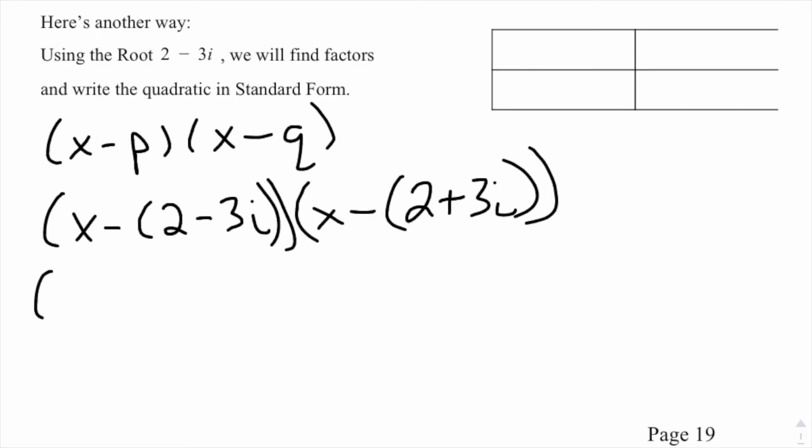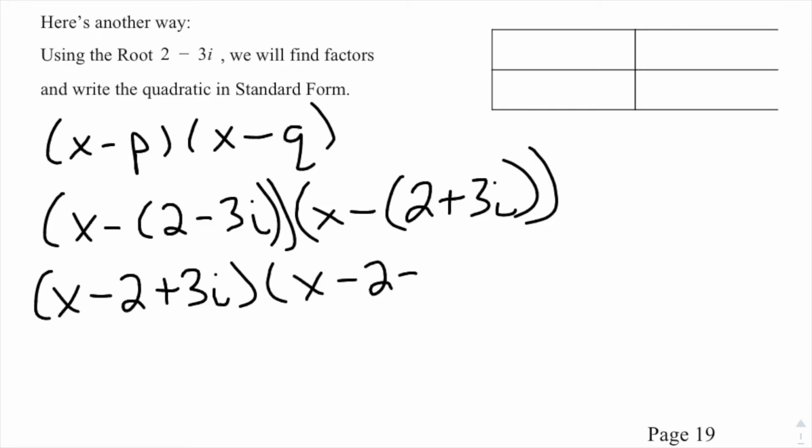So this can become x minus 2 plus 3i, and this one can become x minus 2 minus 3i, and then we can group this and this together.